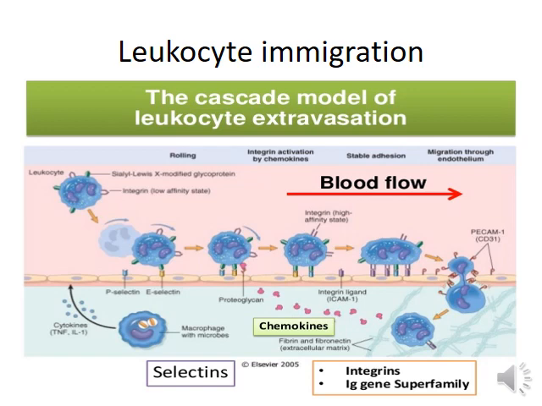This happens by the appearance of some proteins, not only on the leukocytes but also on the endothelial cells. We call these proteins selectins. So different selectins that can attach to each other will appear, but the attachment is not very tight, and the neutrophil or monocyte can roll on the endothelial cells.